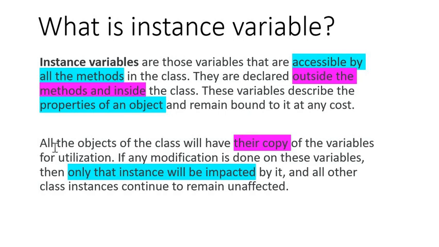Now let's see the other part. All the objects of the class will have their own copy of the variables for utilization. Is it clear? If any modification is done on these variables, then only that instance will be impacted by it.